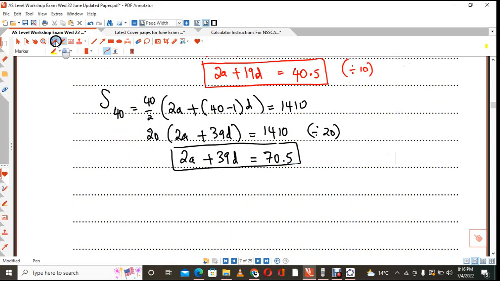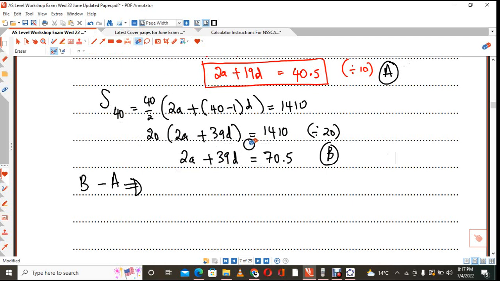However you go about it, I can say this is equation B and this is equation A. So I'll say equation B take away equation A. My equation A happened to be 2a plus 19d equals 40.5.